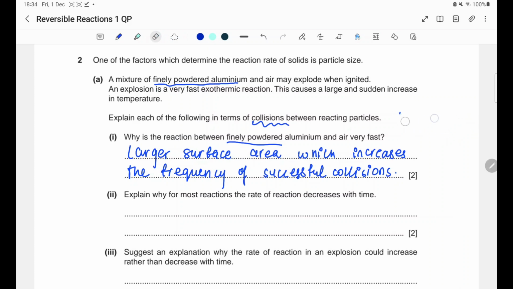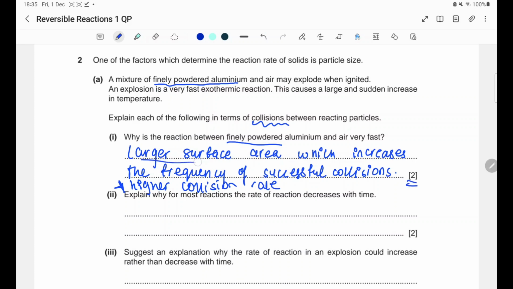So the larger the surface area, the higher the frequency of successful collisions, the higher the collision rate. You can say that as well. The higher the collision rate, it's common in the marking scheme, and therefore that increases the rate of reaction.